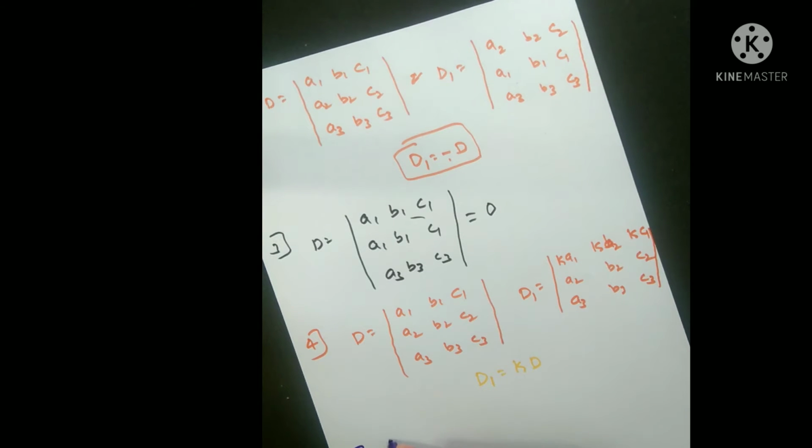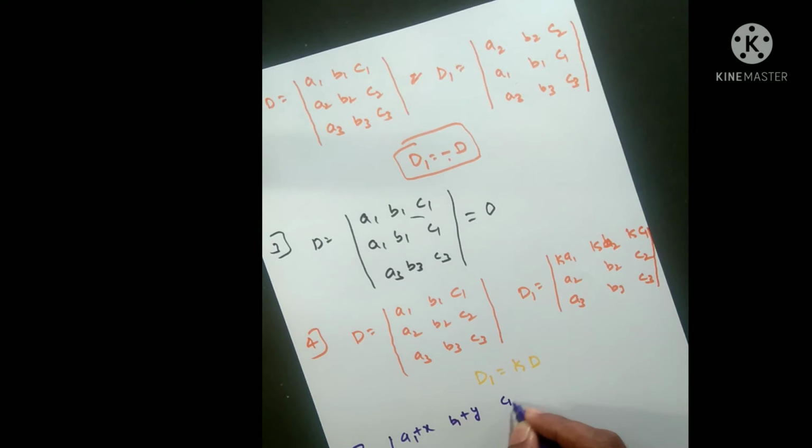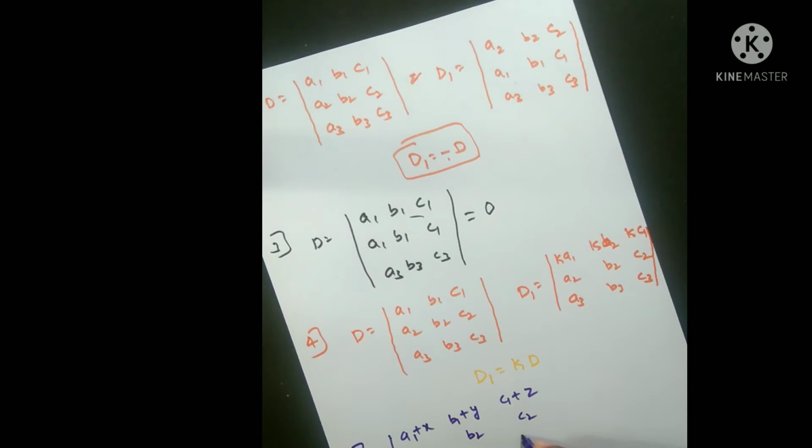For example, the first row is A1 plus X, B1 plus Y, C1 plus Z, then A2, B2, C2, A3, B3, C3.